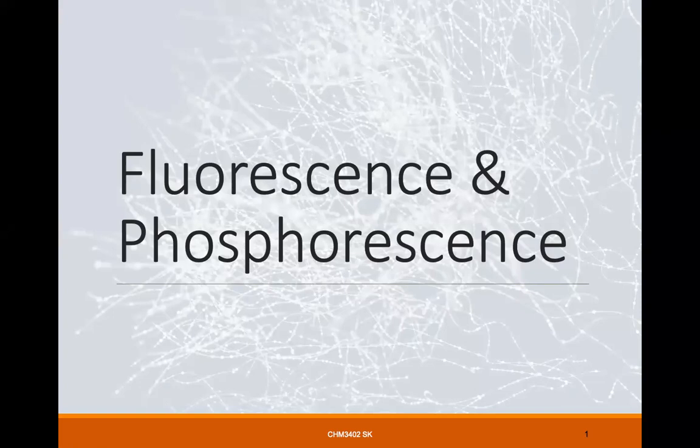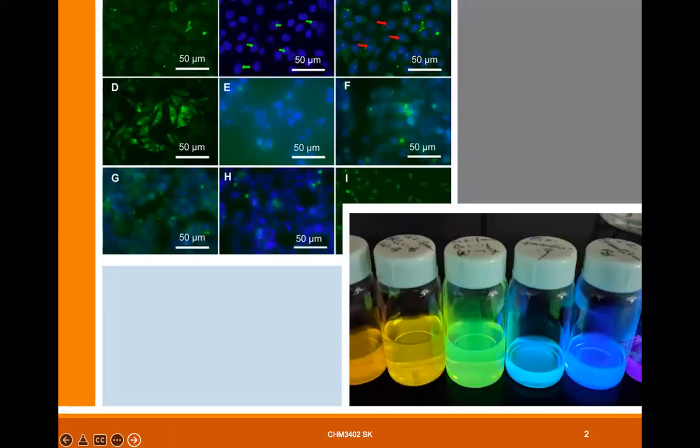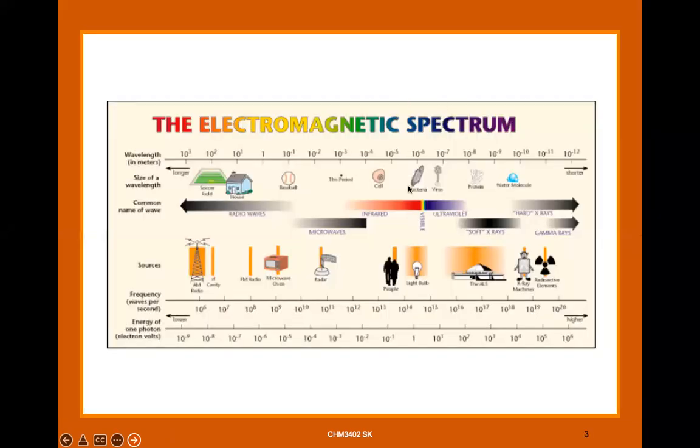Right. So how are fluorescence and phosphorescence produced? So we have discussed this electromagnetic spectrum. Everybody by now should know the UV and visible region here. Okay, this is probably the other way around.